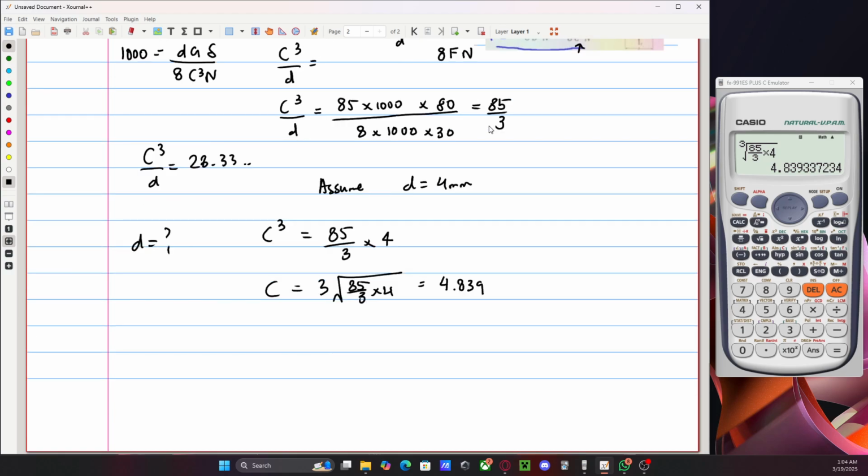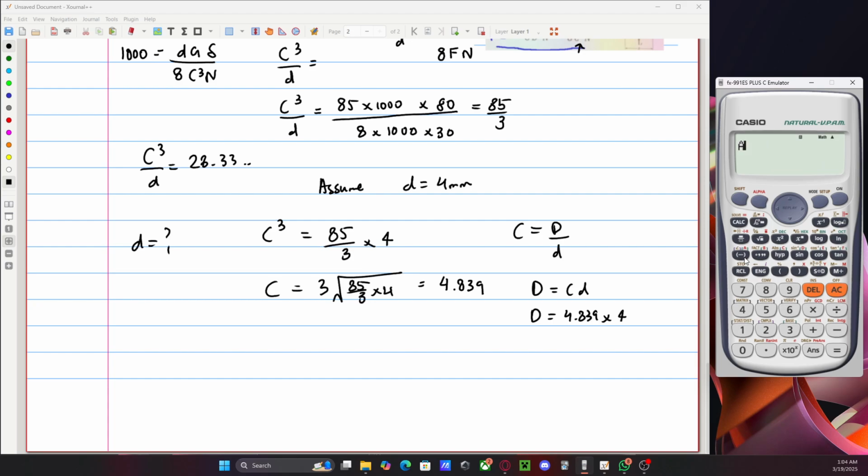Now, if you remember, our spring index C is capital D over small d. So our capital D would be C times d. C is 4.839 multiplied by 4. For storing purposes, I'm just going to store this in A because it's easier for me.